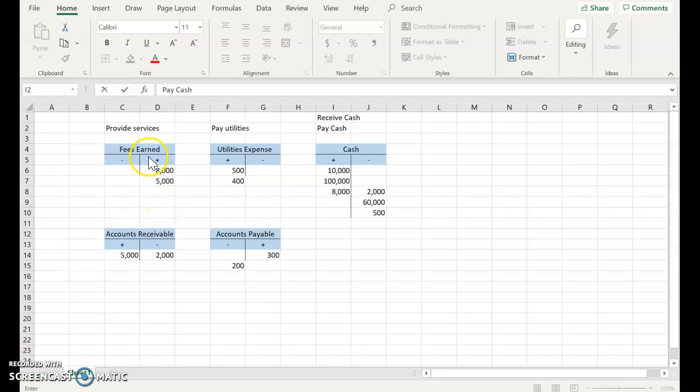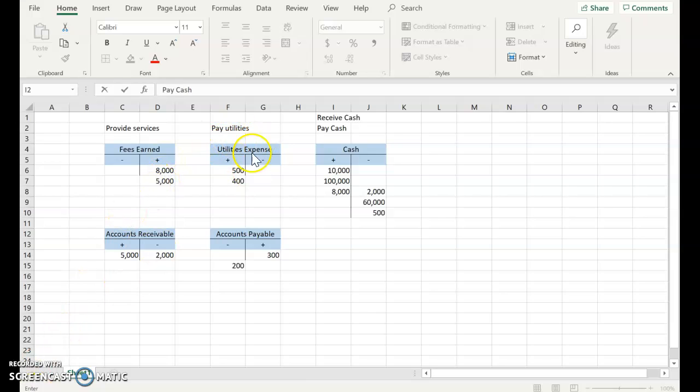Well, fees earned, especially in chapters 1 through 4, the only transactions that affect fees earned is when services have been provided. Anytime you provide a service, revenue goes up, and we know that revenue goes up with the credit. So the only things you'll see in chapters 1 through 4 are credits to fees earned.